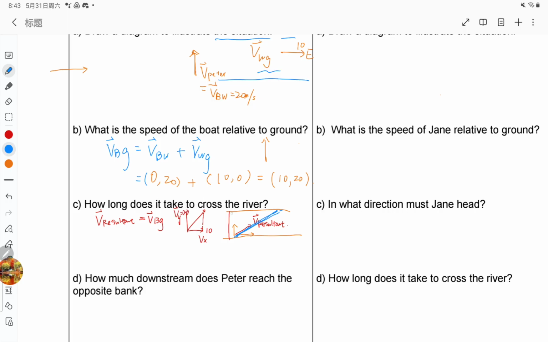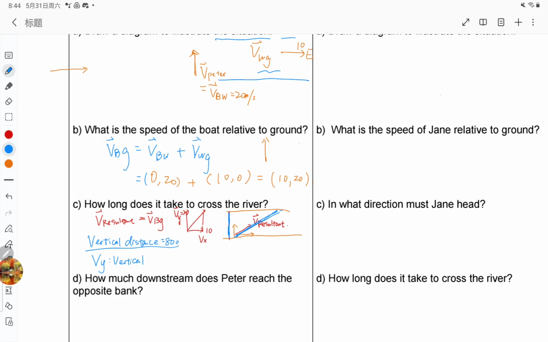Or you can directly use the vertical distance 800. So the vertical distance is still 800, and then using the Vy, the vertical speed, right?